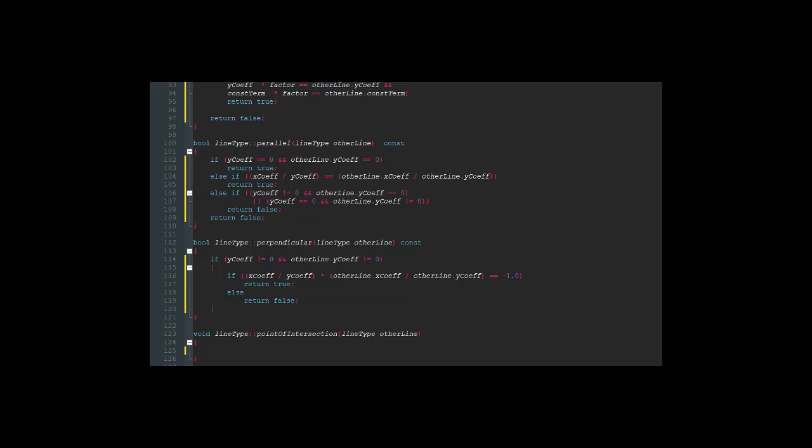Also, if the x coefficient of our line is equal to 0 and the other line's y coefficient is equal to 0, or the y coefficient is equal to 0 and the other line's x coefficient is equal to 0, then we also must return true.